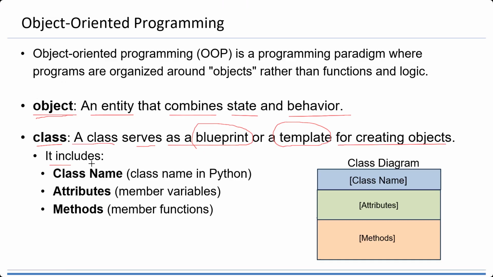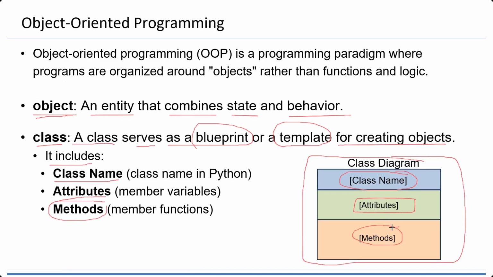In Python, okay, we have this kind of structure of the class. We have the class name at the top of the class diagram. We have attributes, okay, at the middle of the class diagram. And we have methods at the below part of the class diagram.